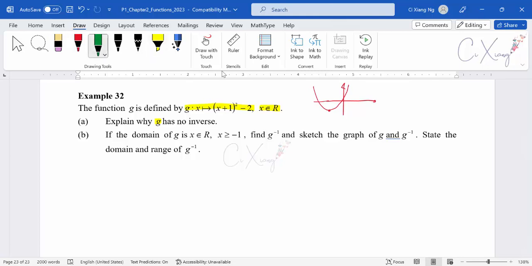To have an inverse function, you have to make sure it is a one-to-one function. But very obviously, this U shape has two intersection points with any horizontal line. Therefore, it is not a one-to-one function, and therefore there's no inverse. So the reason for g not having an inverse is you can write: g is not a one-to-one function.